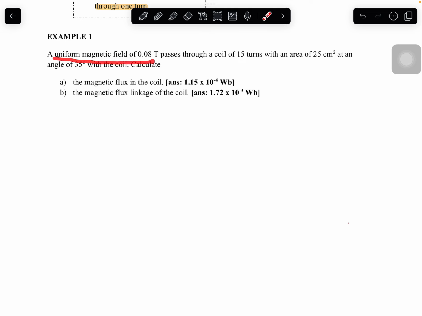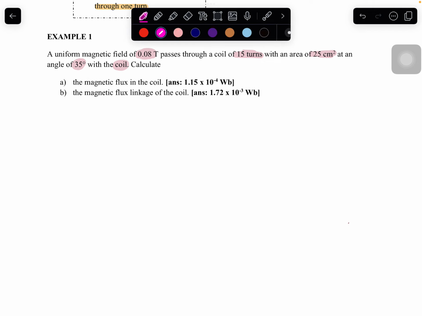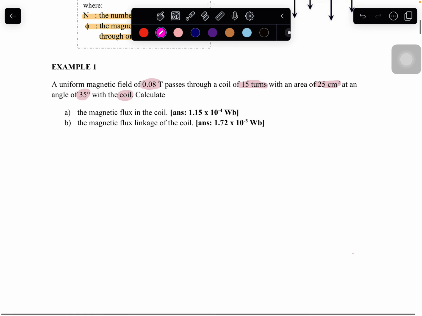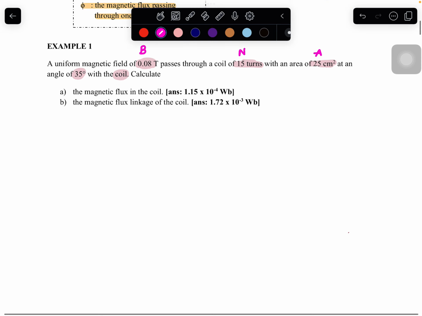A uniform magnetic field of 0.8 Tesla passes through a coil of 15 turns with an area of 25 cm square at an angle of 35 degree with the coil. Okay. Now let's try to draw the situation given here. Basically macam mana kita punya lukisan di sini. So kita ada magnetic field, kita ada number of turns, kita ada area.